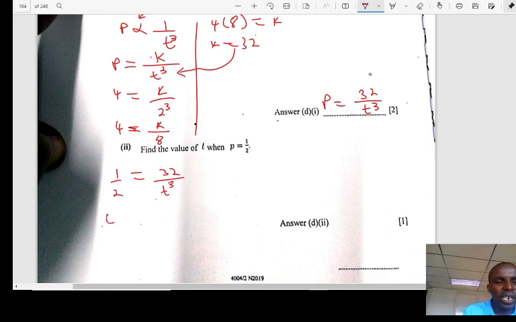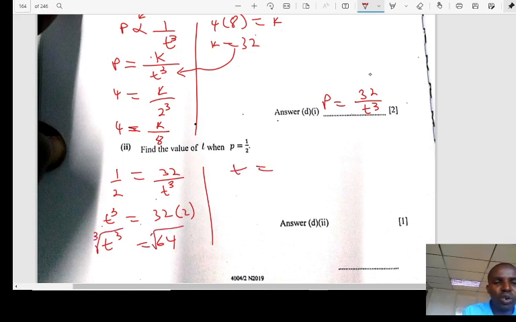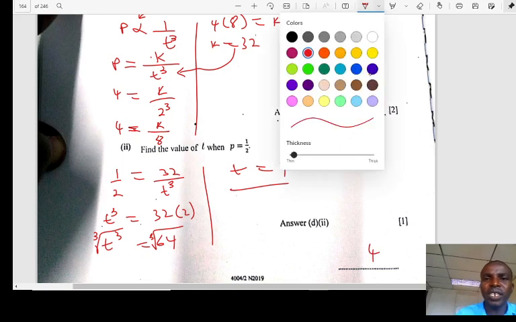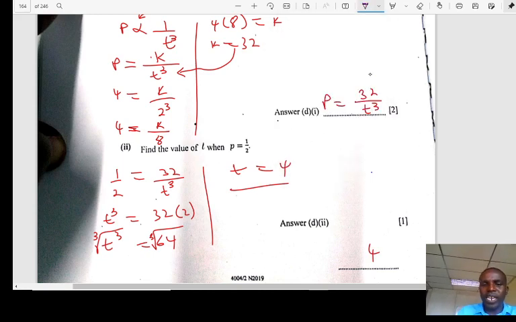You cross multiply, it will be t cubed is equal to 32 by 2. It will be t cubed is equal to 64. Then simplify. t is equal to, remove the cube, you put cube root both sides. Cube root of 64 is 4. So your answer will be 4. Done. Right, next question.